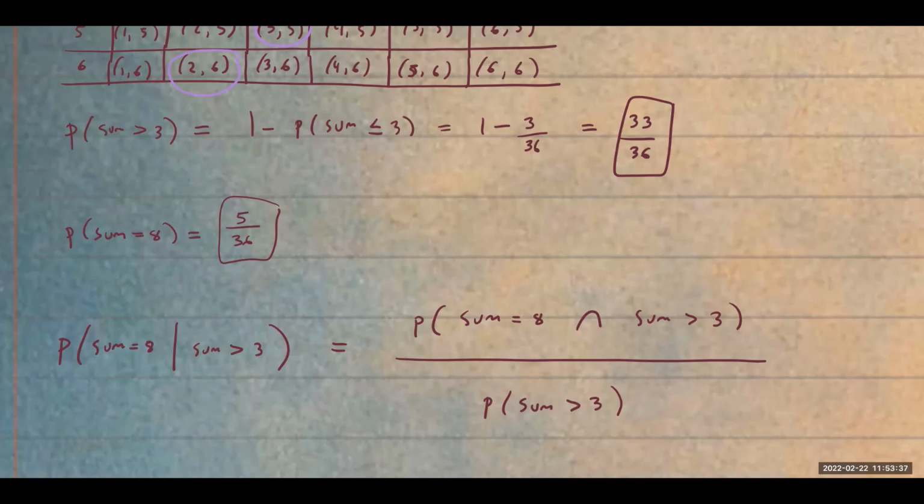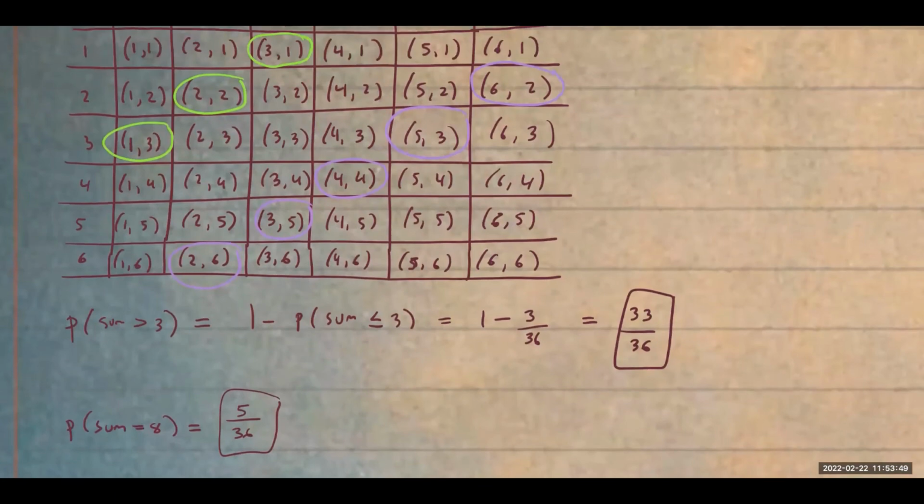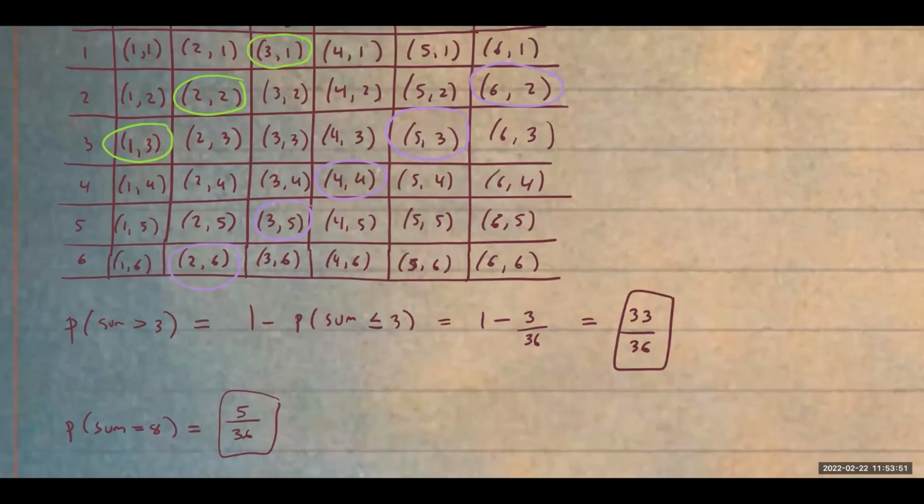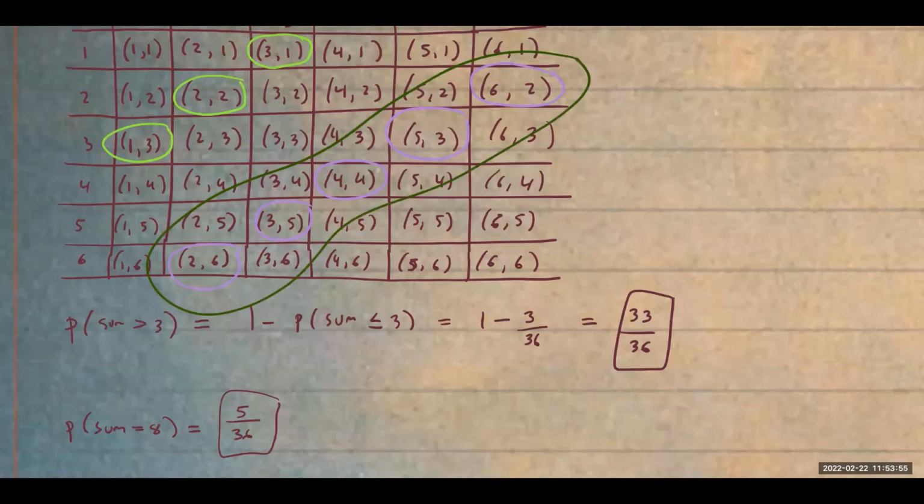So what's this probability? I'm looking for the intersection of these two. I want to know the probability that the sum is 8 and it's greater than 3. Well, that's only this part right here, because it's 8 and it's greater than 3.